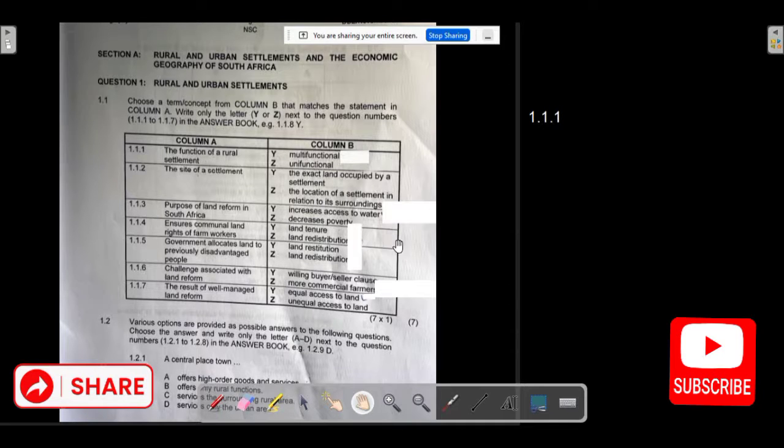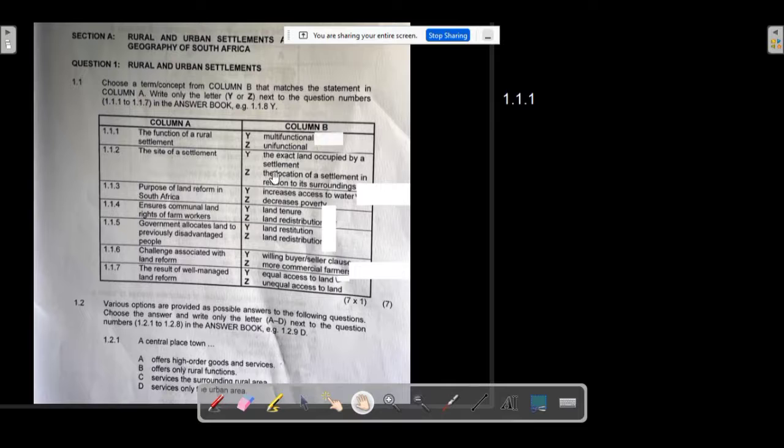So we have section A, which consists of both settlement geography and economic geography as well. We begin with question 1, and hopefully we'll be able to do this on time and ensure that we cover everything in one video.